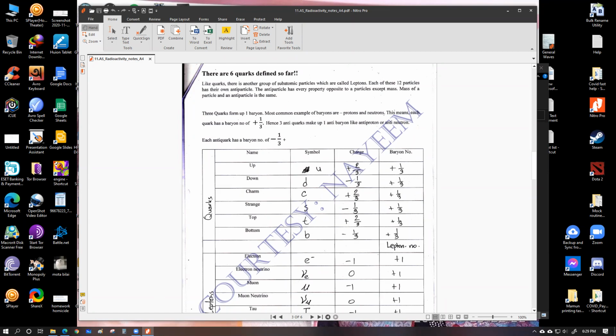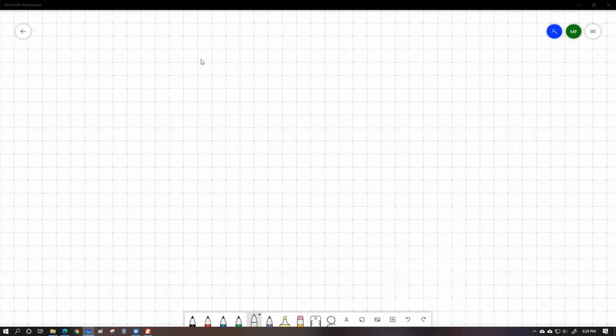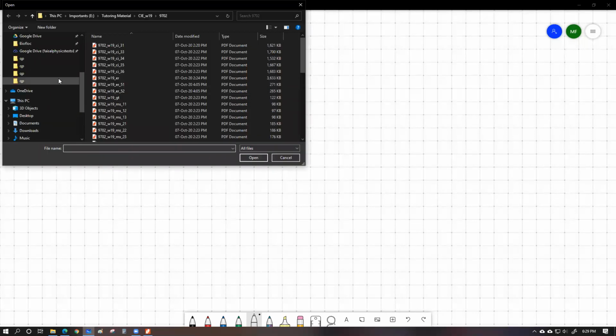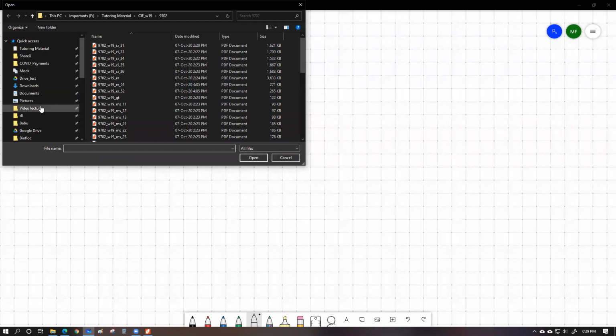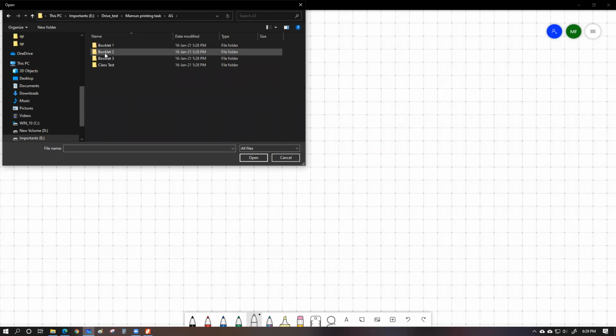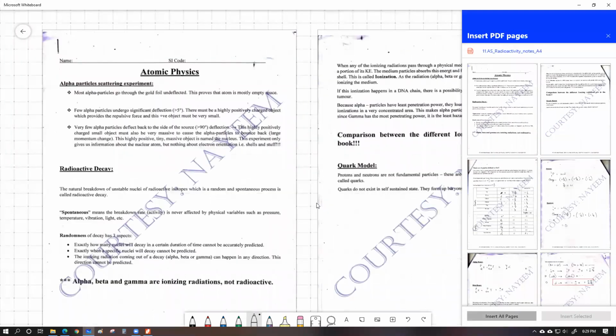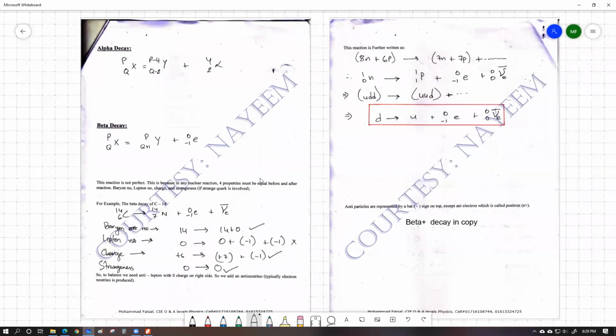Write e over here. Let me show you. Let me bring this PDF over here so that I can actually show you the possible changes. Just a second. Several pages. Good.